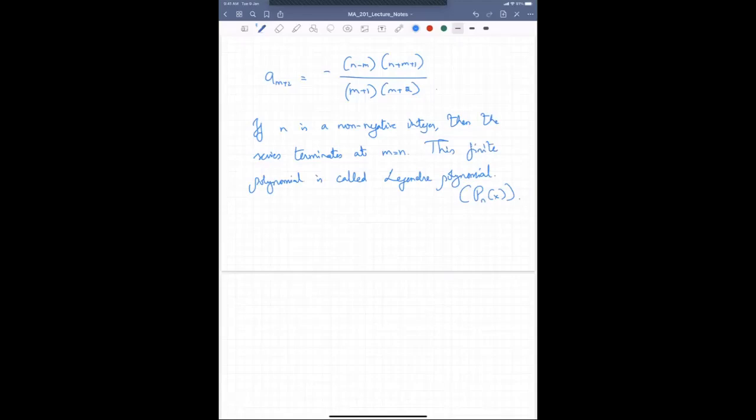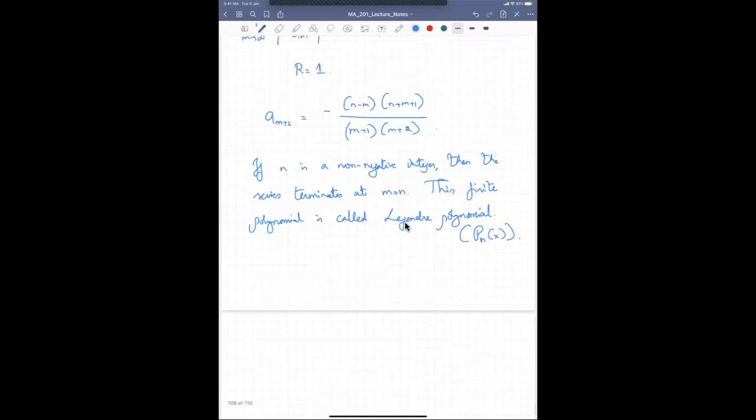In the tutorial, you will learn a few tricks to generate the coefficients of this polynomial, but I will tell you a few more things about this polynomial in the next lecture, such as how to generate it. We will continue our discussion of Legendre polynomials in the next lecture.